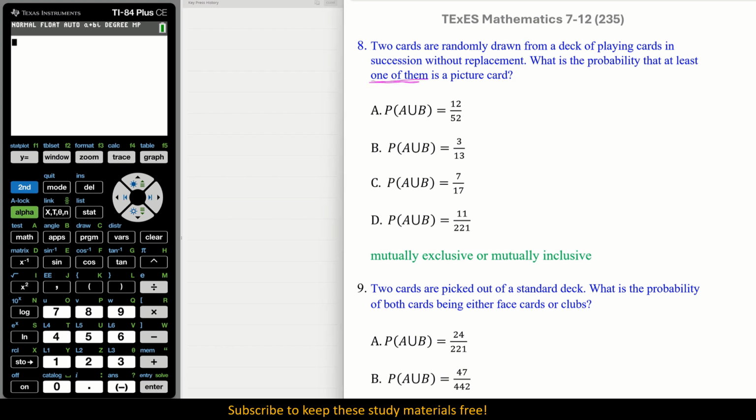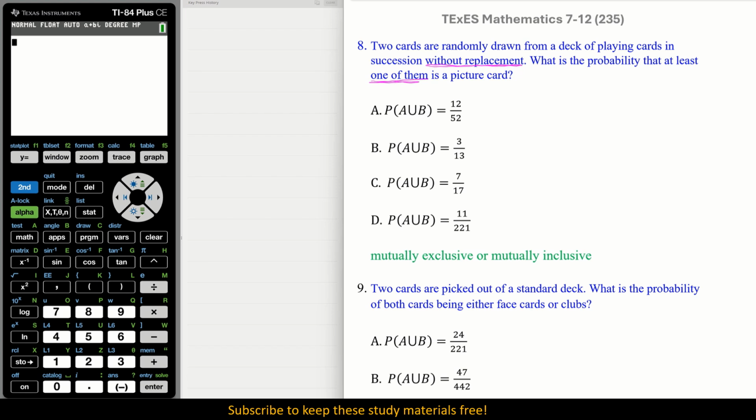Well, we have that same situation, one after the other, without replacing. Well, that does imply that we have one or the other. That's more like number 6.